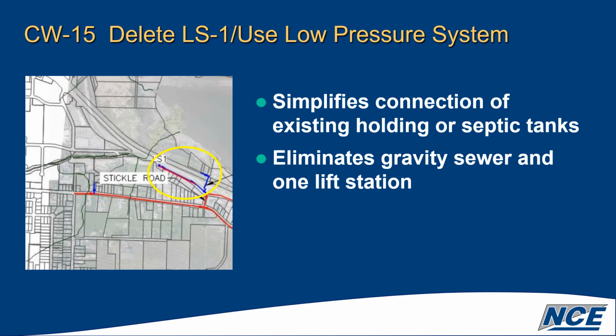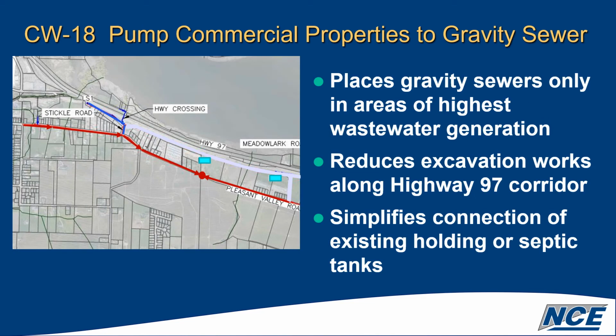Another idea was to combine those thoughts and simplify some of the connections, but eliminate major portions of the gravity sewer and the lift station. And if you remember from the cost estimate, the gravity sewer, or the collection system, was a substantial amount of the overall project. Another one was pumping, and so these are all examples for the collection system.